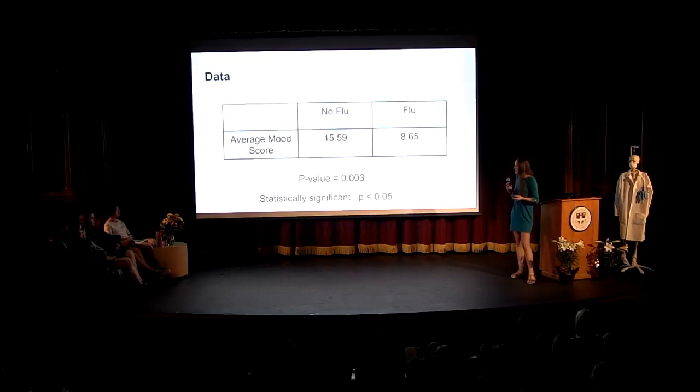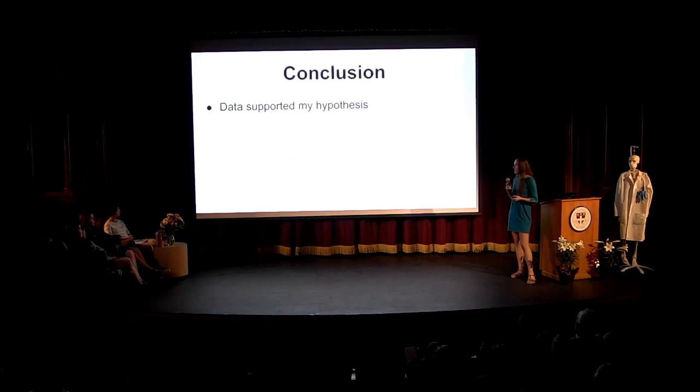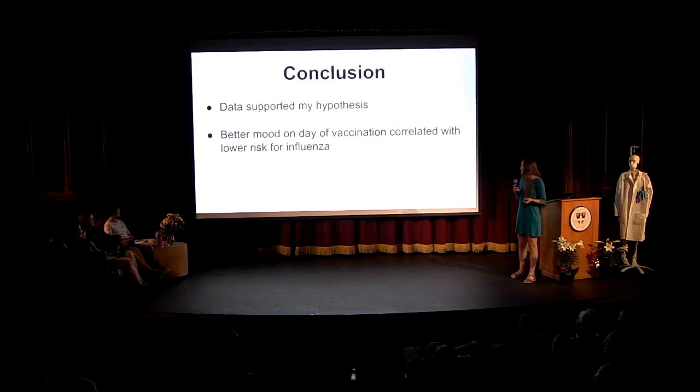So therefore, I can conclude that my data is statistically significant and it supported my hypothesis. Yay! And my hypothesis was a better mood on the day of the vaccination correlated with a lower risk for influenza.